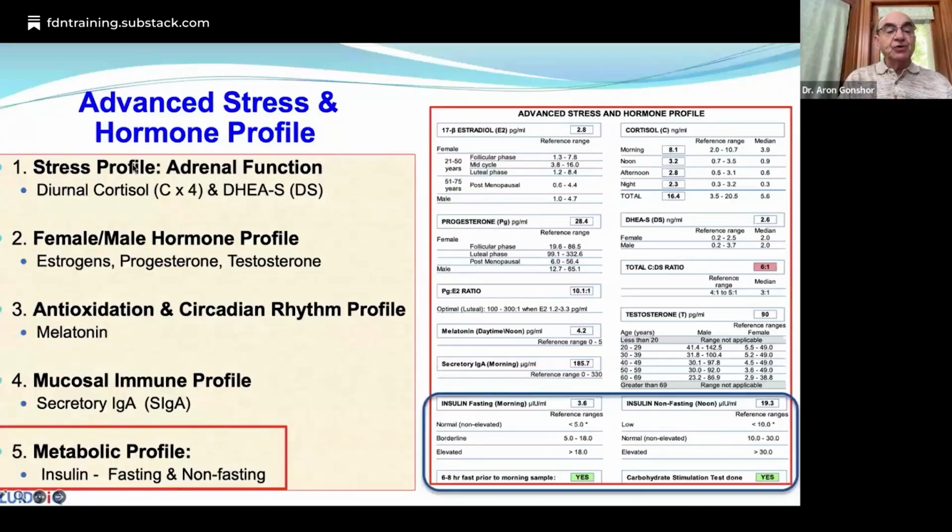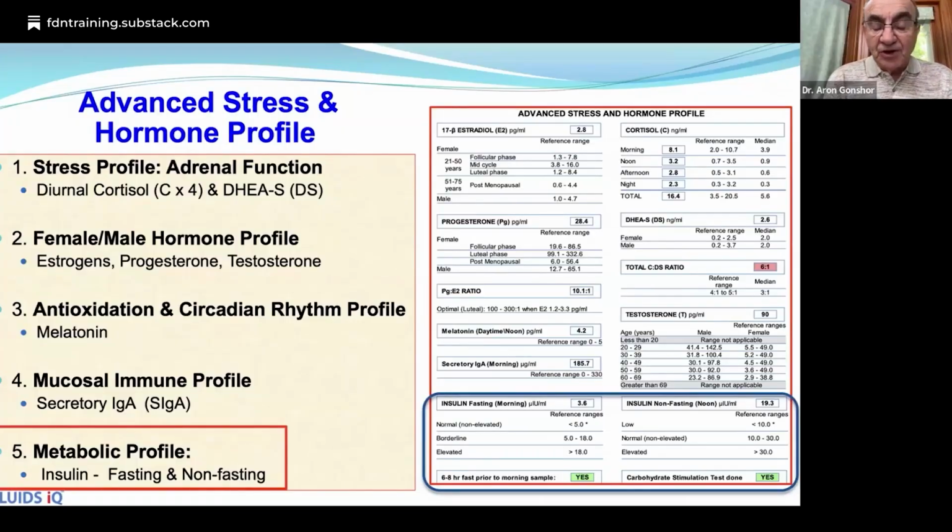And as Reed had mentioned, we'd already gone through the first 4, looking at a stress profile, meaning the adrenal function, the sex hormones, melatonin, which, just to remind you again, is a major antioxidant. That's actually its major function. And of course, close by that, its function in circadian rhythm control. We also went through mucosal immune action.